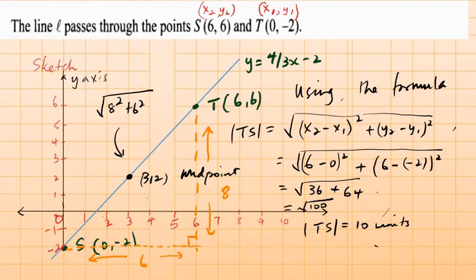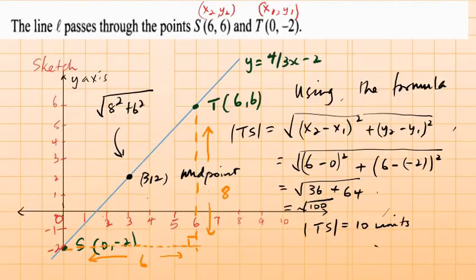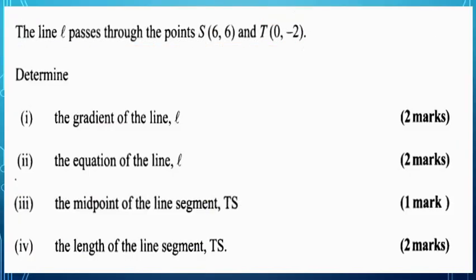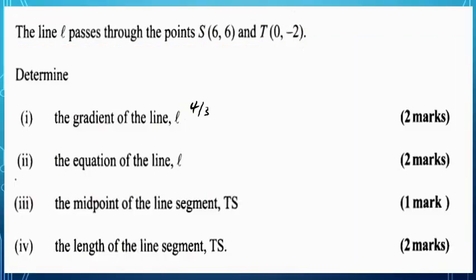So what we just did there was we found the gradient of the line L, and we got the gradient of the line L to be 4/3. So the gradient of the line L was found. The equation of the line L is y = 4/3 x - 2. So y is equal to gradient times x, and we look at the point where it cuts the y-axis.